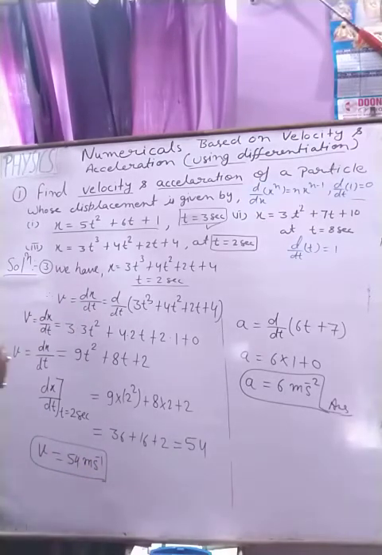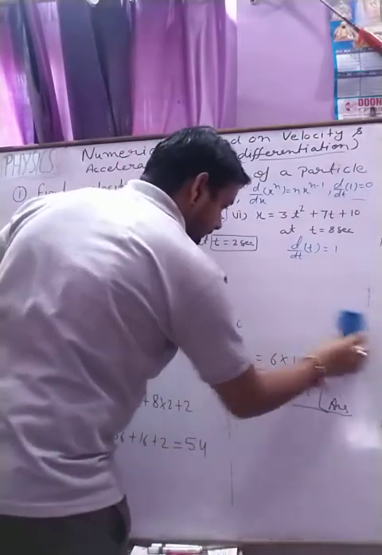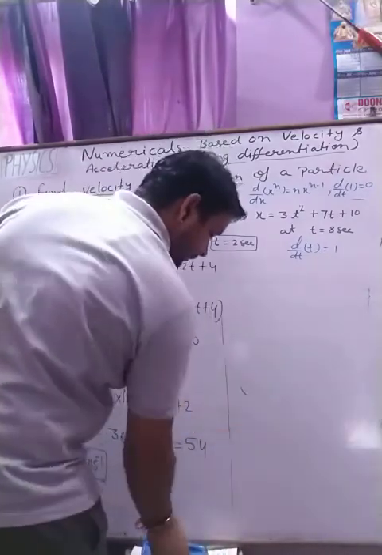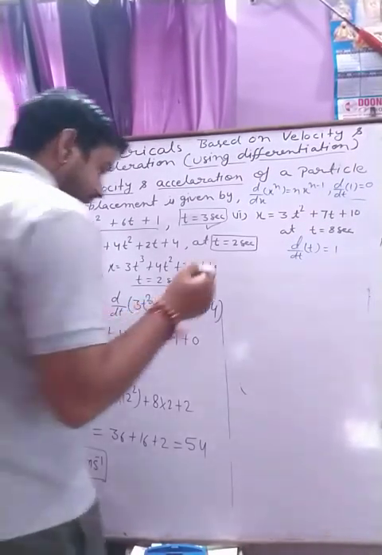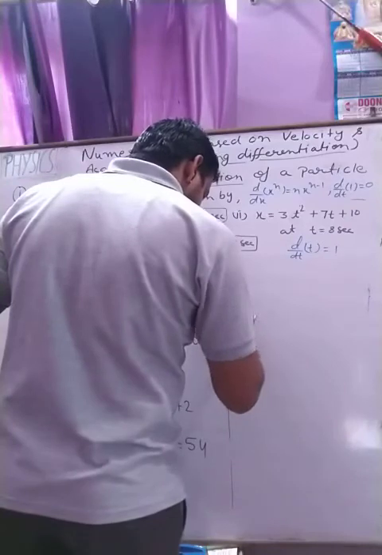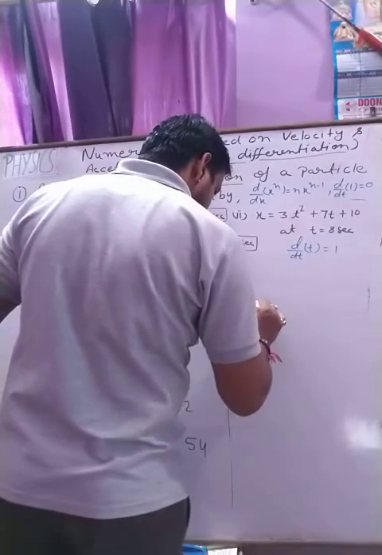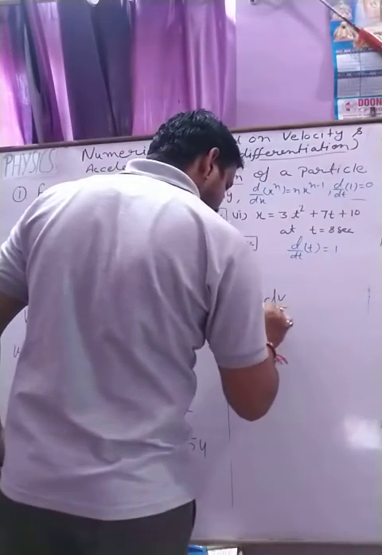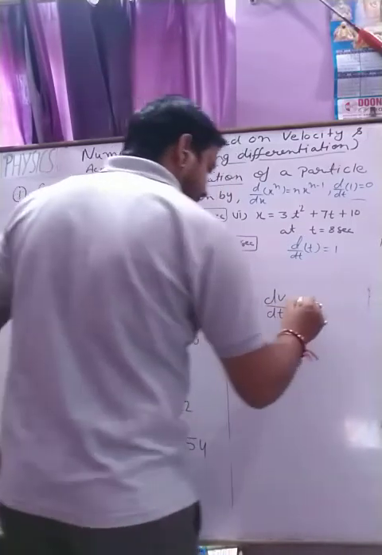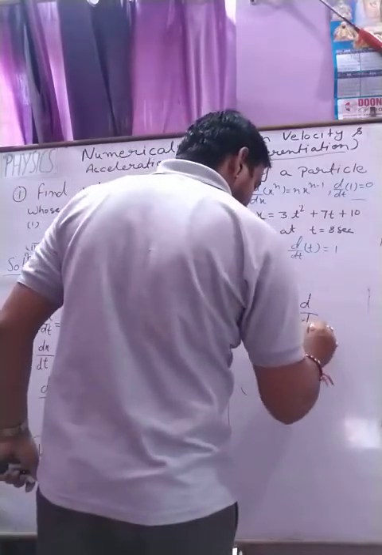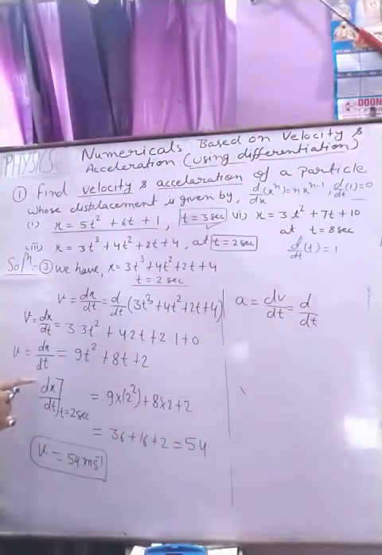Okay, now acceleration is A is equal to rate of change of velocity, that is dv over dt, and v has value dx over dt.